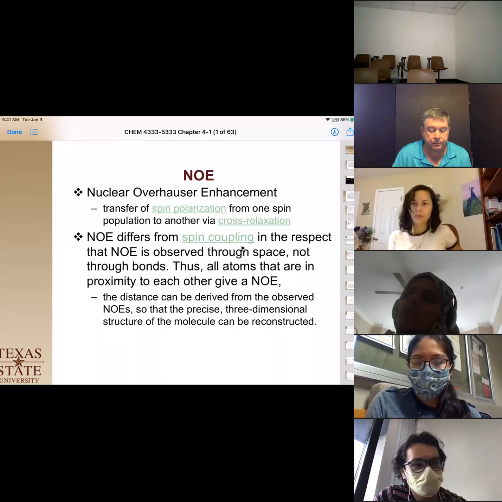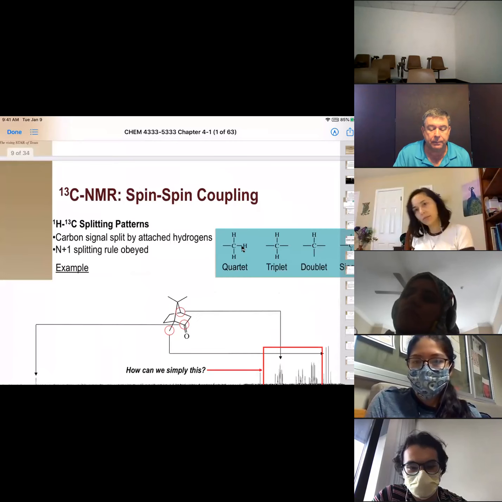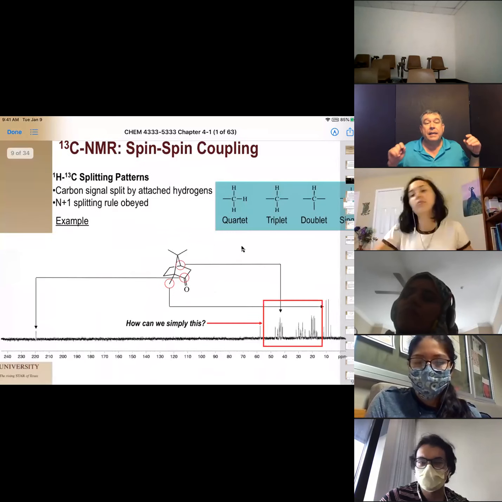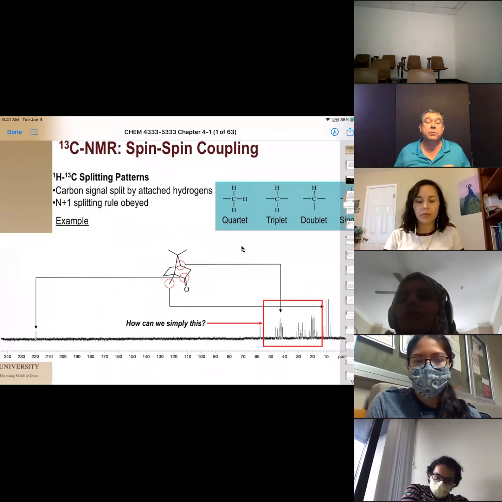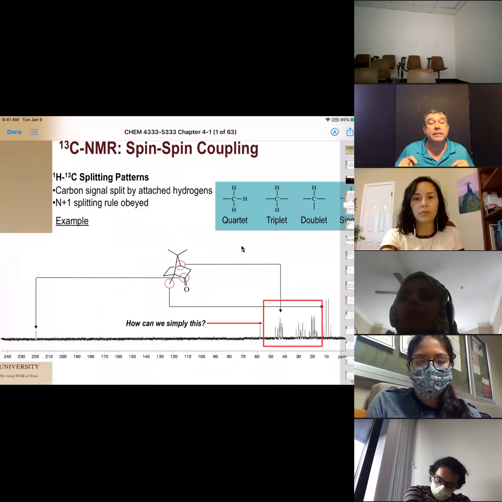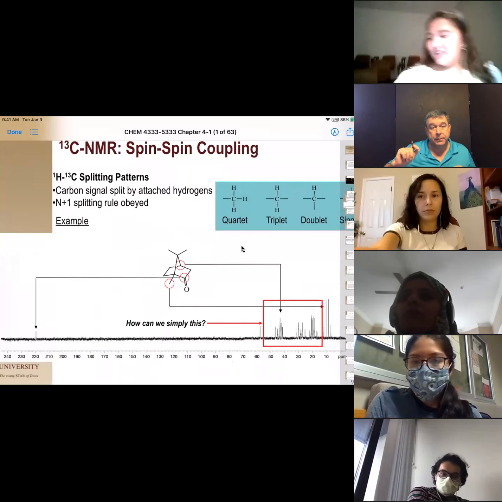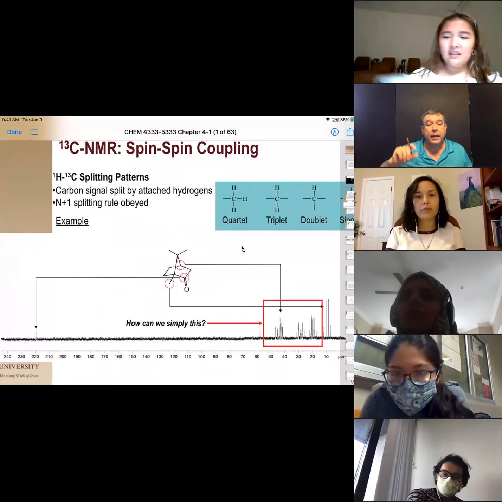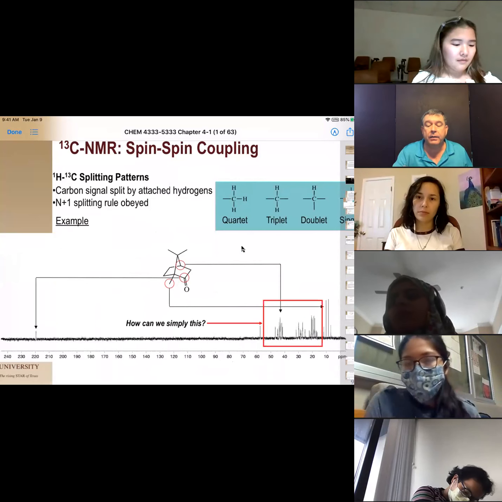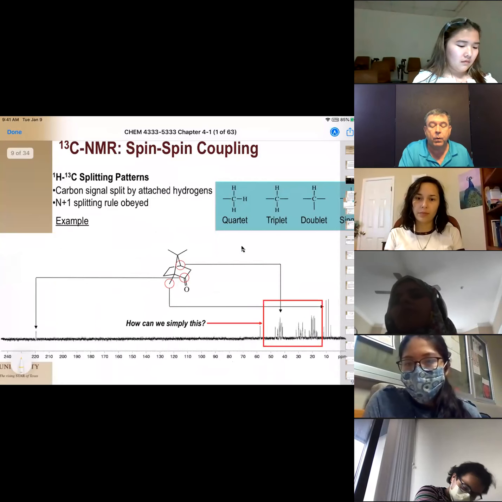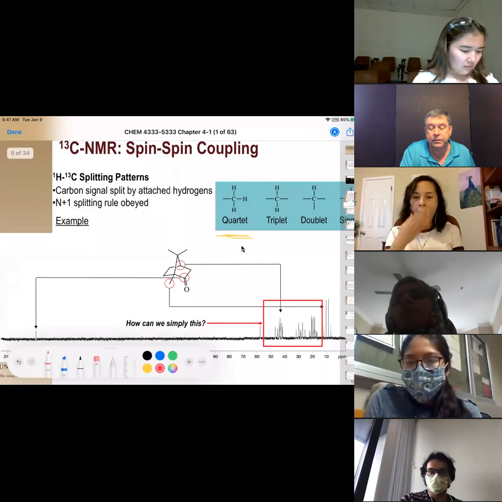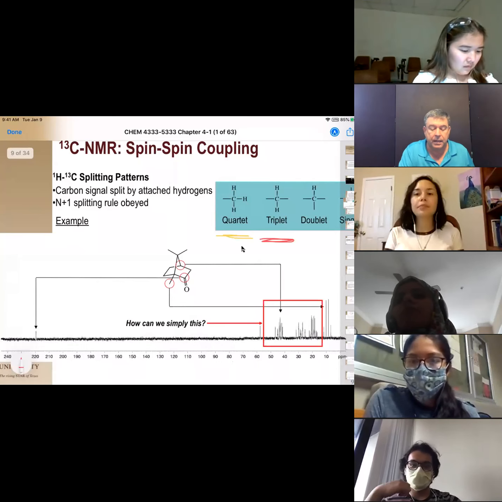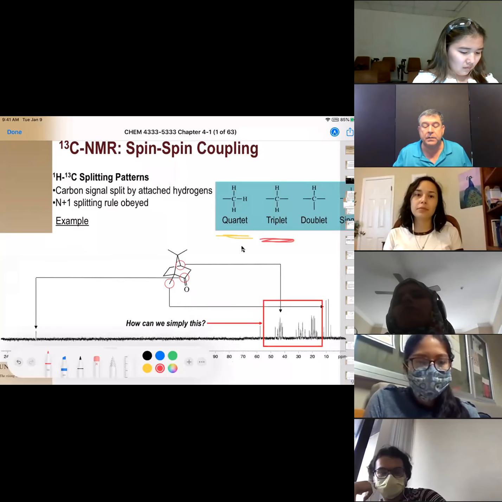Okay, so let's talk about spin-spin coupling. Anytime you have hydrogens on a carbon, they want to split that carbon. This is a single bond split. If you had 3 hydrogens on a carbon, it wants to be a quartet. If you had 2 hydrogens on there, it wants to be a triplet. If you have 1 hydrogen, it wants to be a doublet.